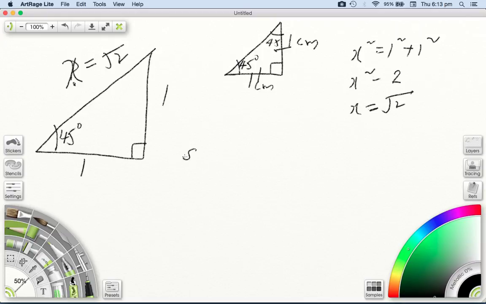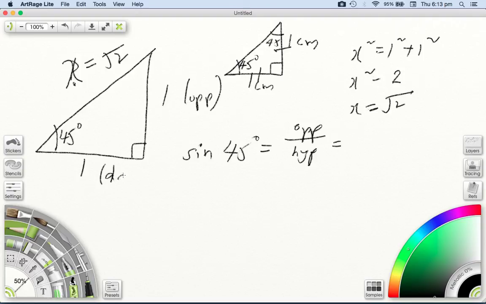Now, what's sine 45? Well, sine 45, if you recall, is opposite over hypo. And what's opposite? Well, this is opposite. This is adjacent. And this is hypo. So opposite over hypo.